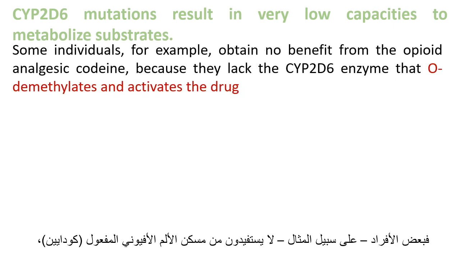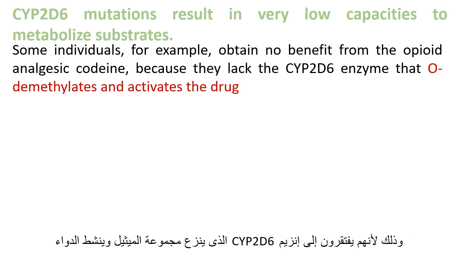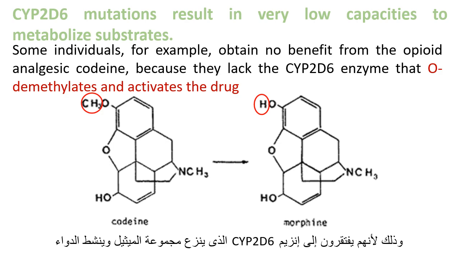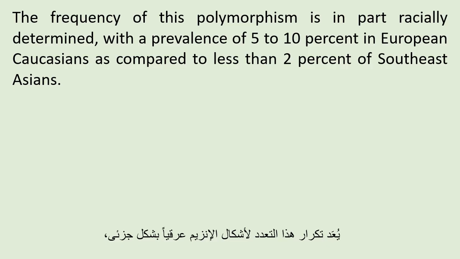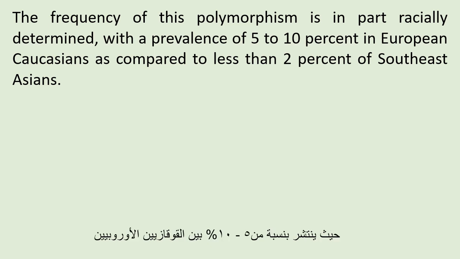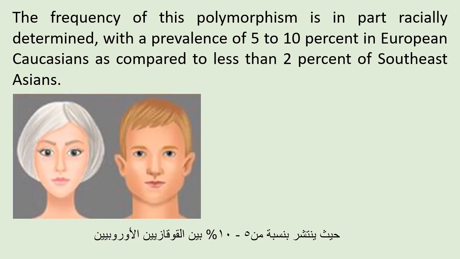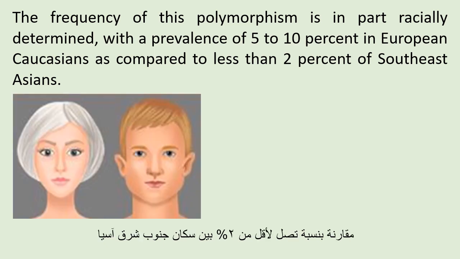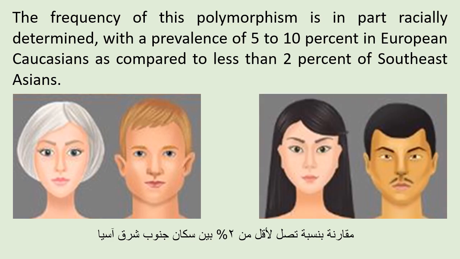Some individuals, for example, obtain no benefit from the opioid analgesic codeine because they lack the CYP2D6 enzyme that demethylates and activates the drug. The frequency of this polymorphism is in part racially determined, with a prevalence of 5 to 10% in European Caucasians, as compared to less than 2% of Southeast Asians.